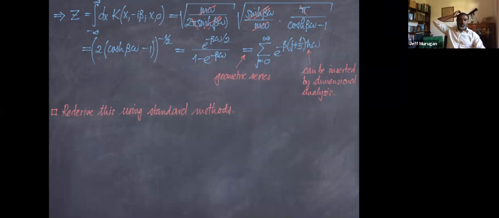Okay, let me just pick up on the point that Nitin raised with regards to the connection between the Euclidean system and the Lorentzian system.